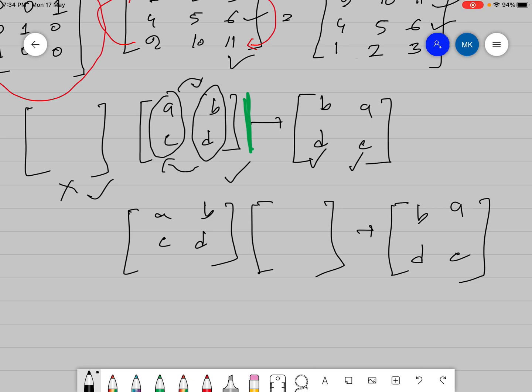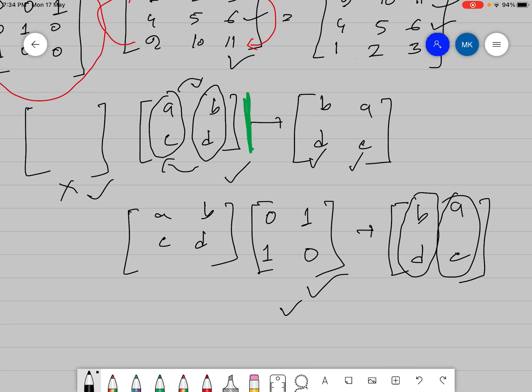So what should be the output here? For the first column you take none of the first column and ones of the second column. For the second column you take ones of the first column, none of the second column. So this should be the permutation matrix in this case.